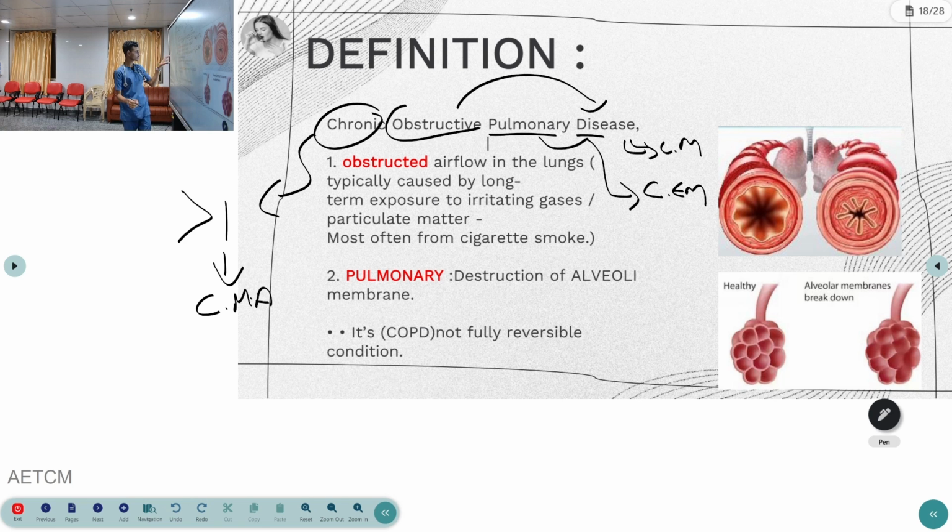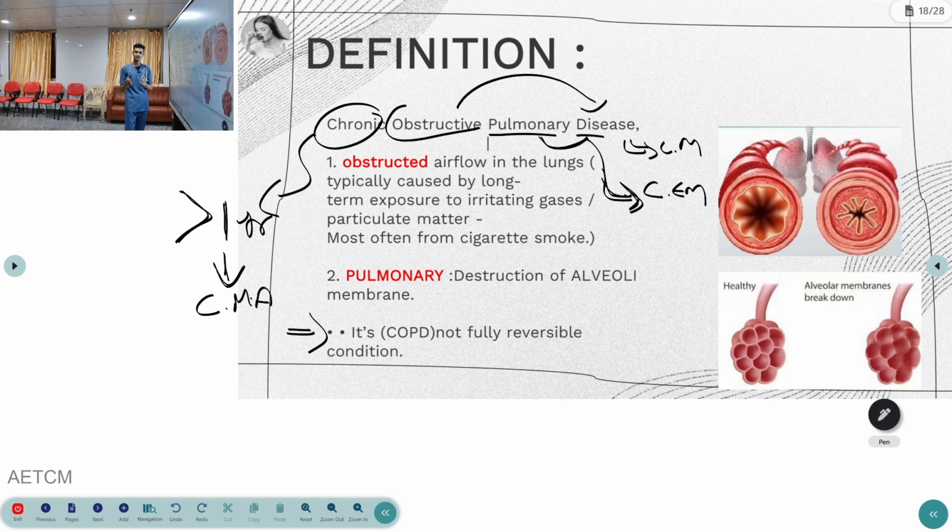So chronic means the condition persists more than 1 year and requires continuous medical attention. Obstructive disease is the airway obstruction of chronic bronchitis. Pulmonary disease is the disease of the lung parenchyma, the condition of chronic emphysema.